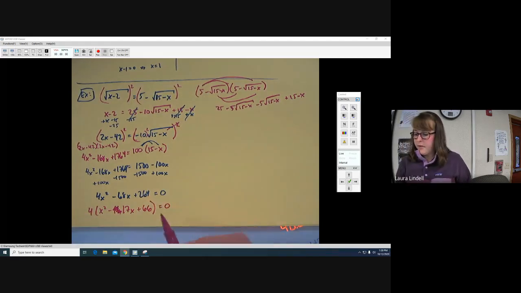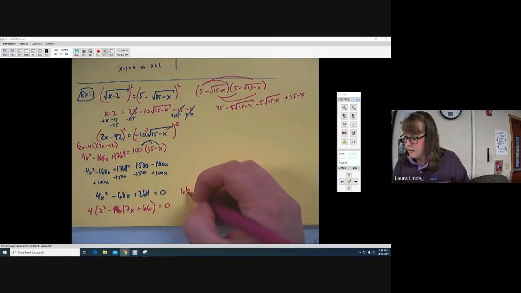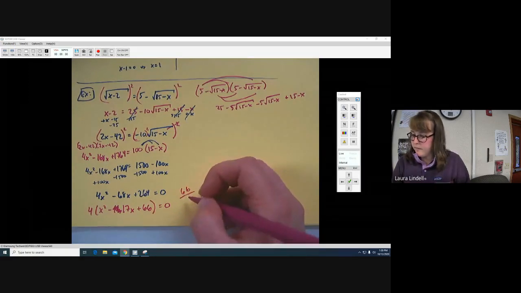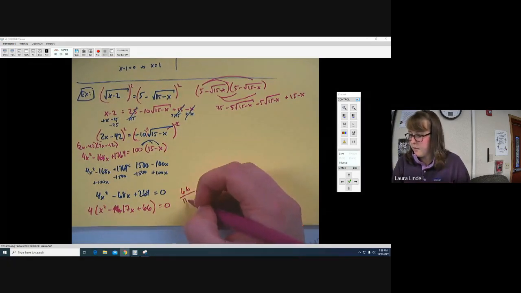And then we are looking for things that multiply to get us 66 and add to get us negative 17. So let's see. We can do something with 11 and 6. 6 times 11 is 66.